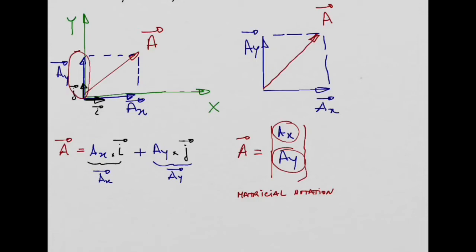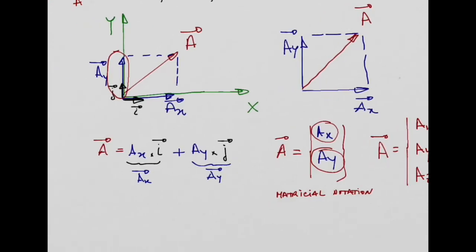All right? Of course, if you have a vector in 3 dimensions, for example, if I have my vector A described in a 3-dimensional coordinate system, I will have a component in the x direction, AX, a component in the y direction, and a component in the z direction, right? Or if you want to represent it this way, I will have something like this.